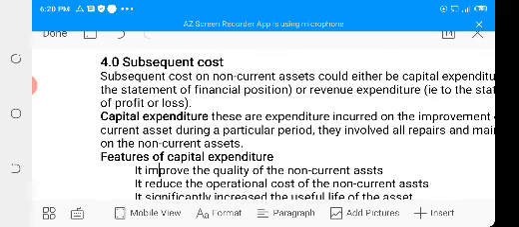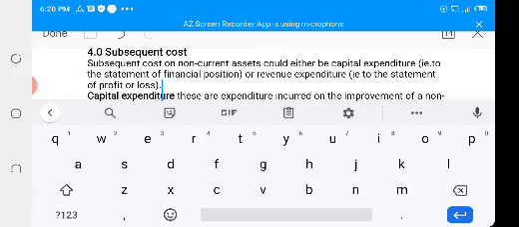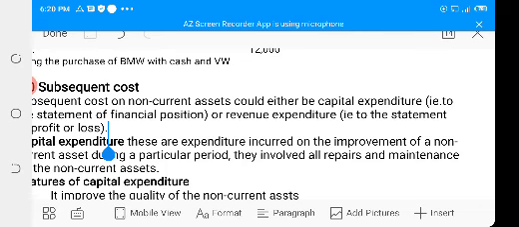We said subsequent cost on non-current assets could either be capital expenditure or revenue expenditure.